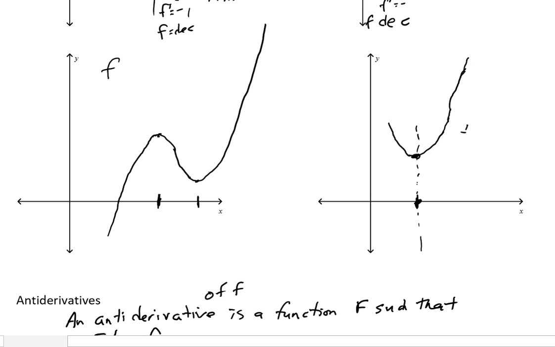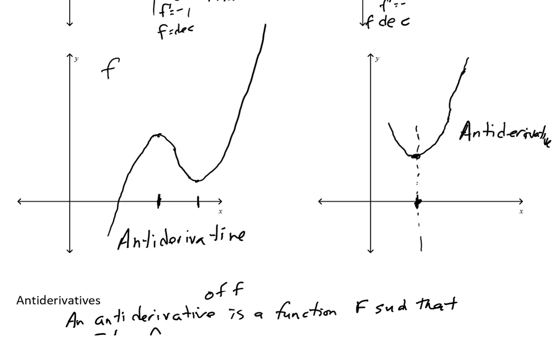We're not going to do much else with antiderivatives right now. We want to know what they are. It's the opposite of taking a derivative. We take the derivative, then the antiderivative, and we get back to where we started. Good.